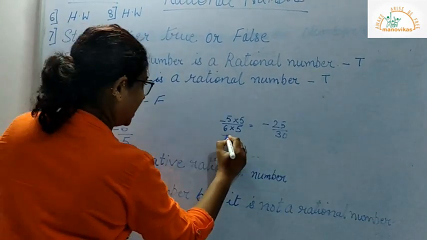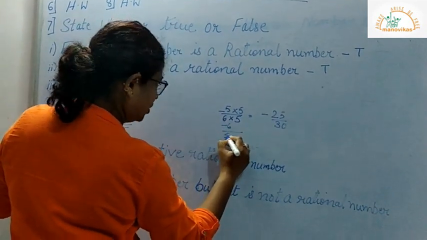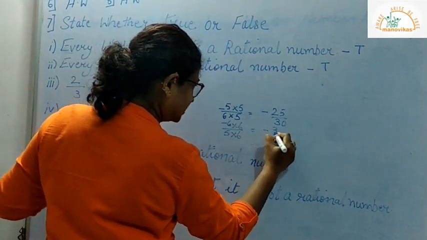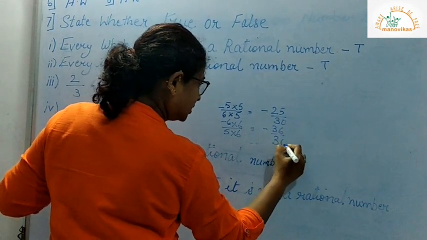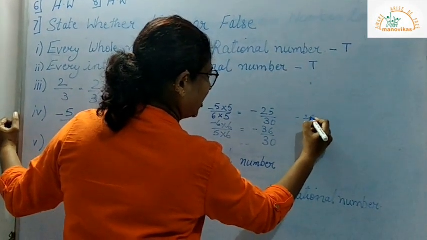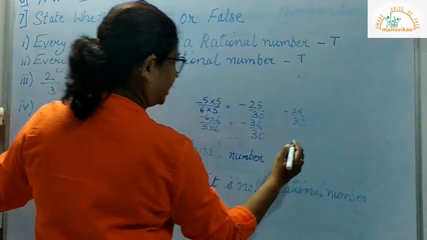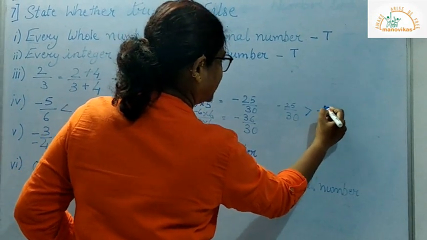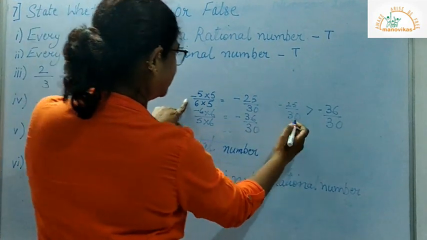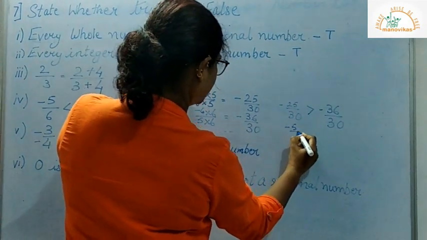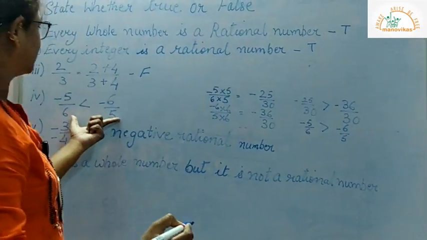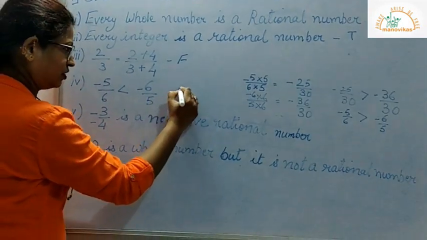Next is -6/5, multiplying by 6 in both, so I get -36/30. So -25/30 is greater than -36/30. So the original statement, -5/6 is greater than -6/5. So this statement is also false over here.